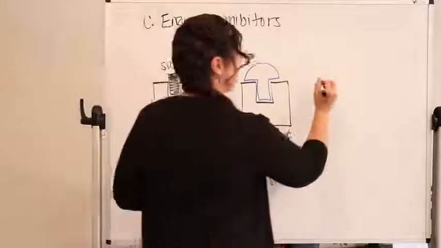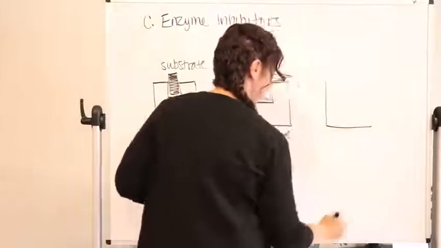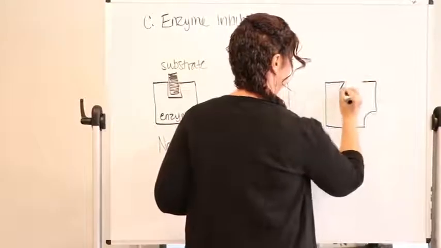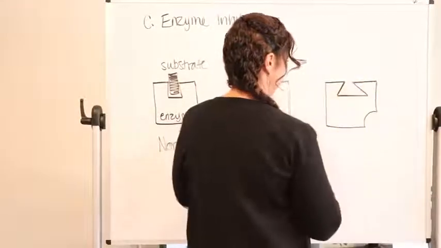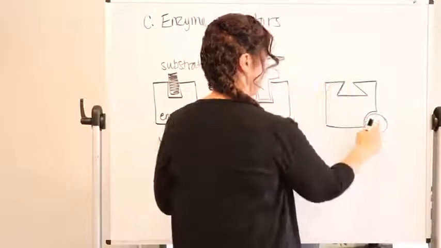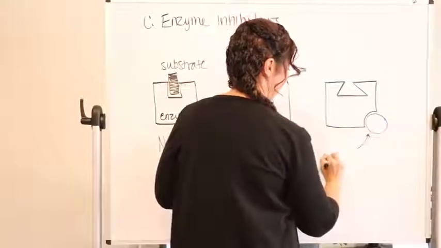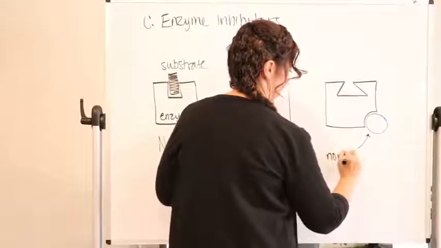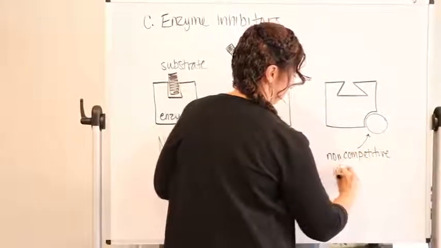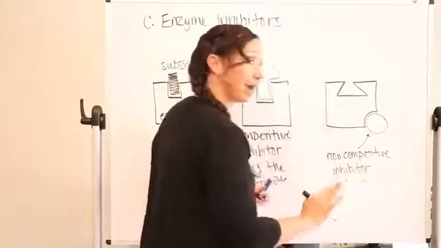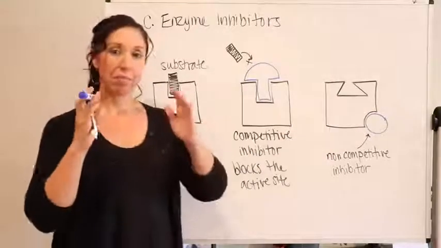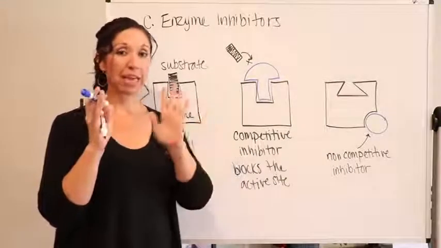The second kind, and you could probably guess, would be this guy. That right there is a non-competitive inhibitor. So what happened is this non-competitive inhibitor bound to the normal enzyme, but it bound to a spot that was away from the active site.